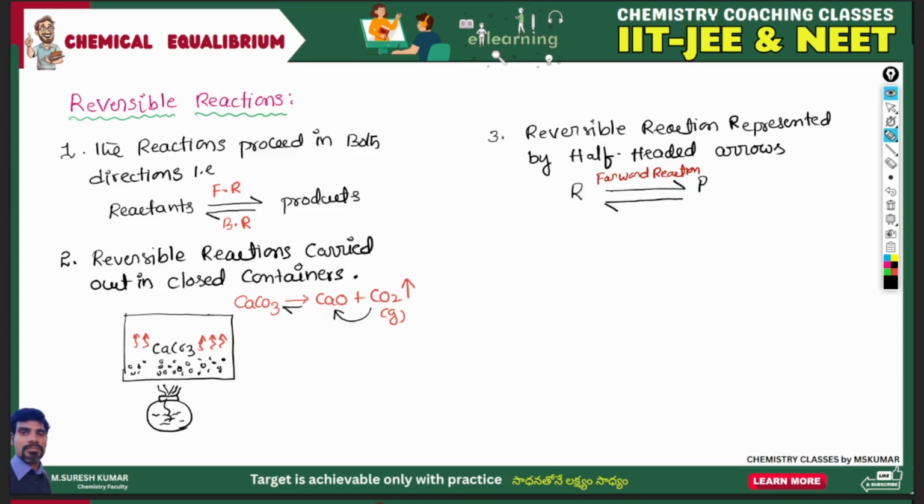The arrow from reactant to product indicates forward reaction. Another arrow indicates from product to reactant back, what we call backward reaction. Understand? So it is denoted by half-headed arrows.